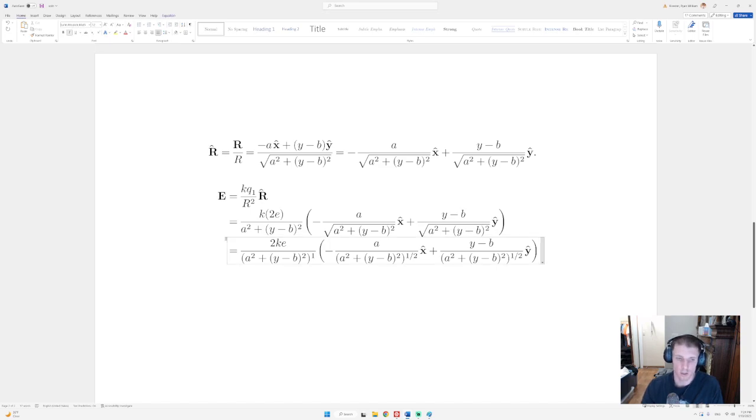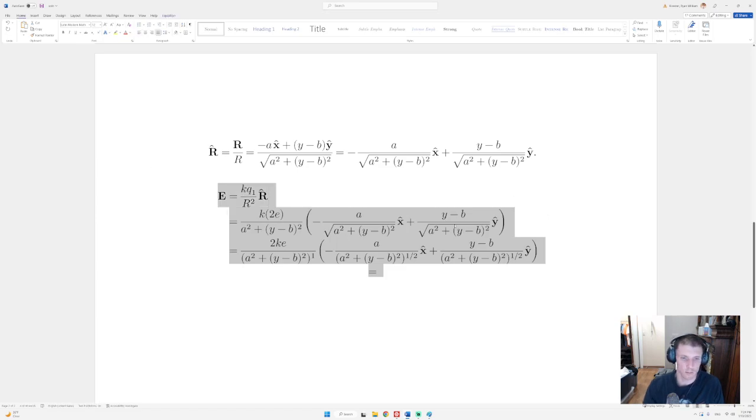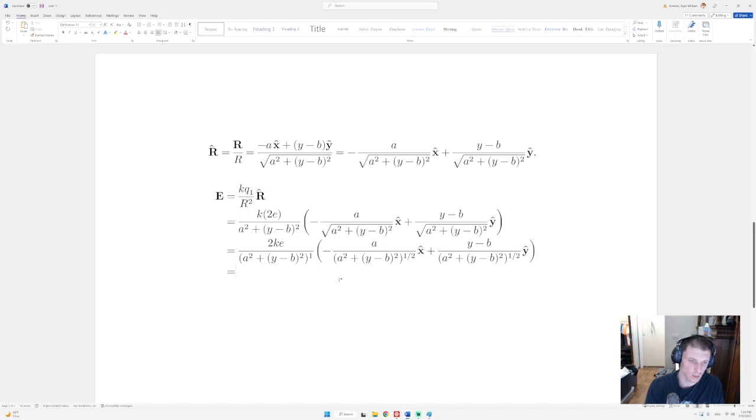And that will clean it up a little bit, because what you can do actually is I'll just do it. Even though me doing algebra is dangerous, it should only require one more line. So what I'm going to do here is factor out the denominators, and keep 2ke on top.